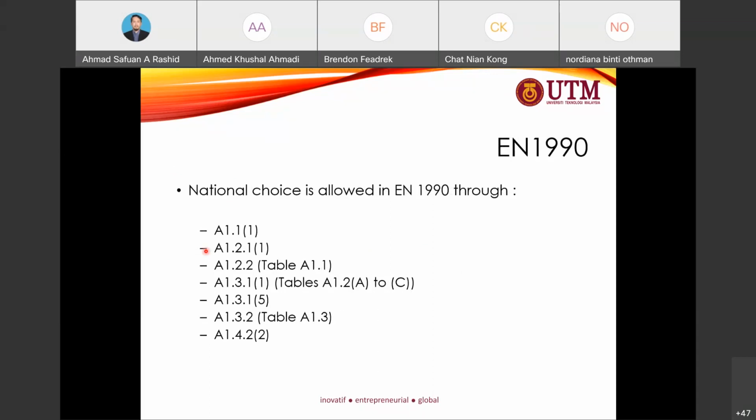So I will not discuss in detail, but the gist of the discussion is to mention here that the Eurocode allows any country to produce their own standard.